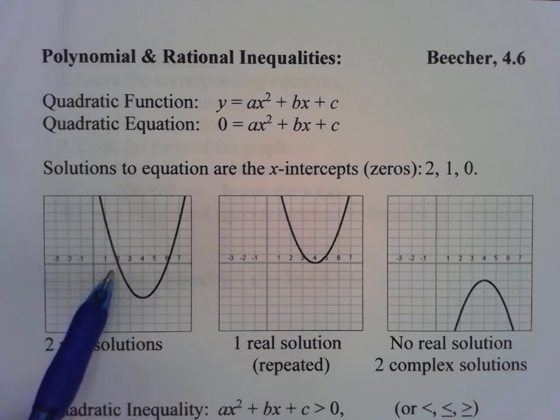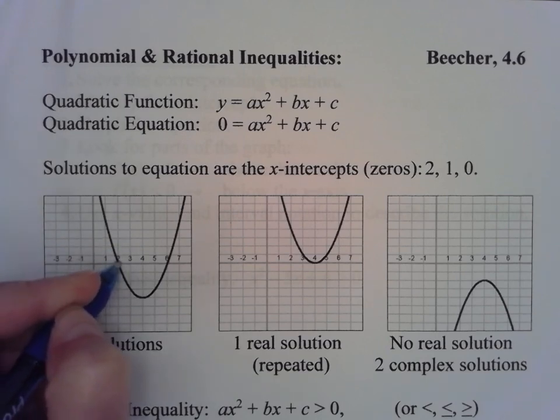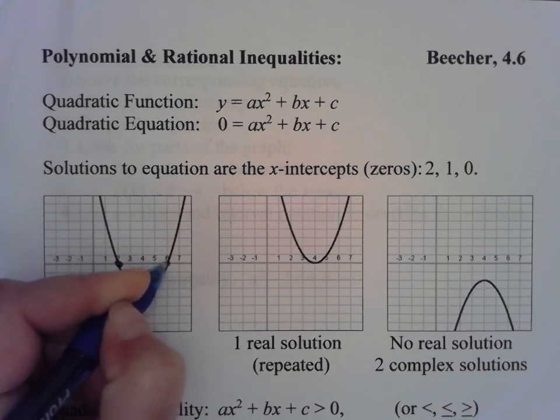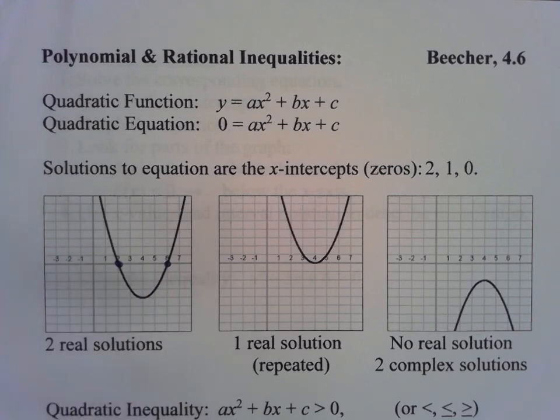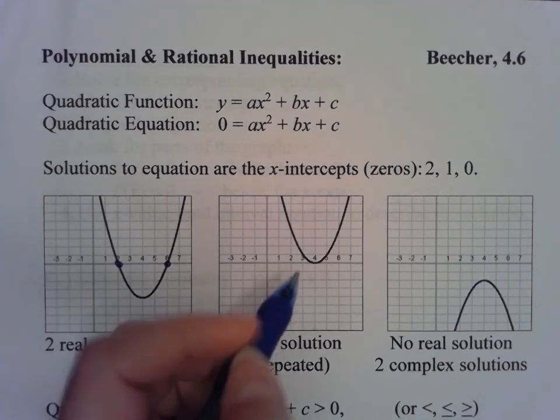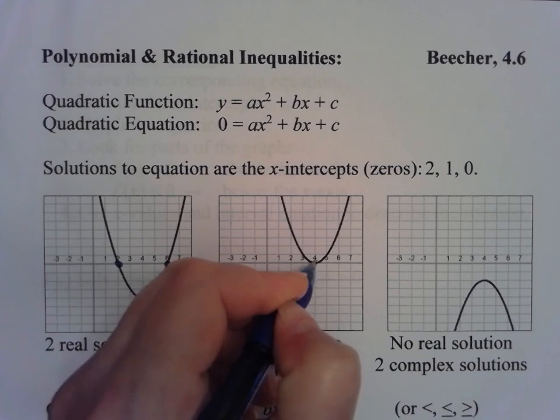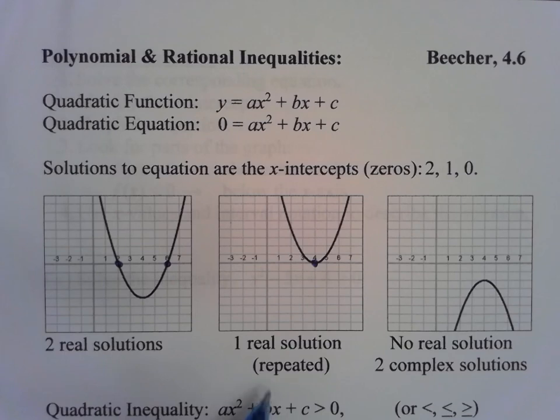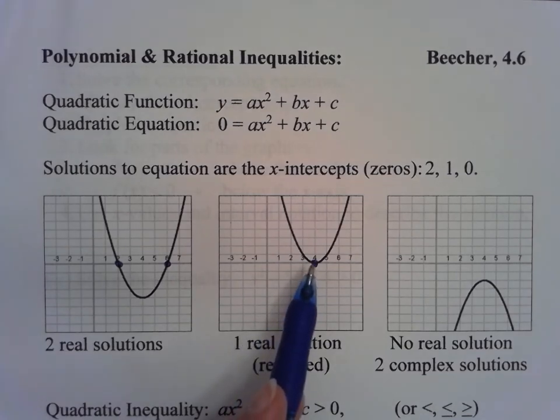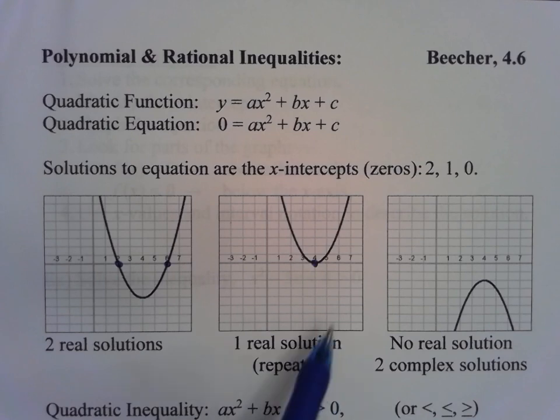We could solve that equation and get two real numbers as our answers that are the x-intercepts. We could maybe see a repeated part in our factoring, or maybe we just have a repeated 0. So in that case, the parabola would just touch one spot on the x-axis. We get one solution.